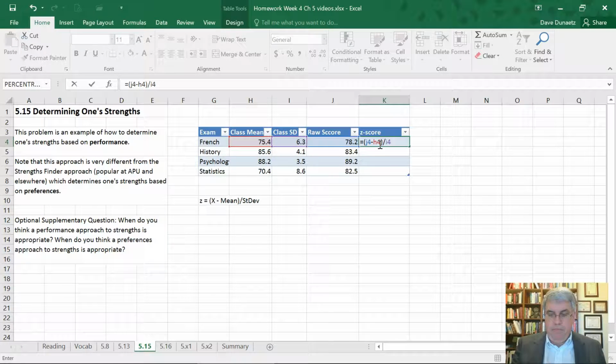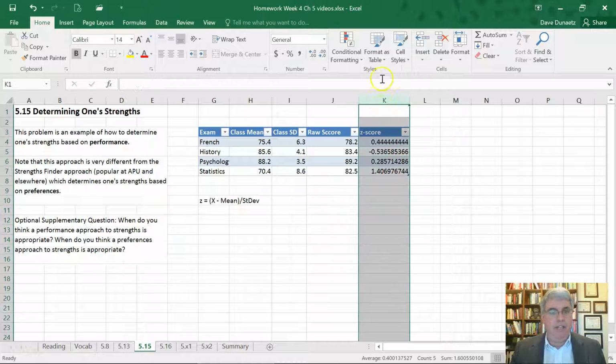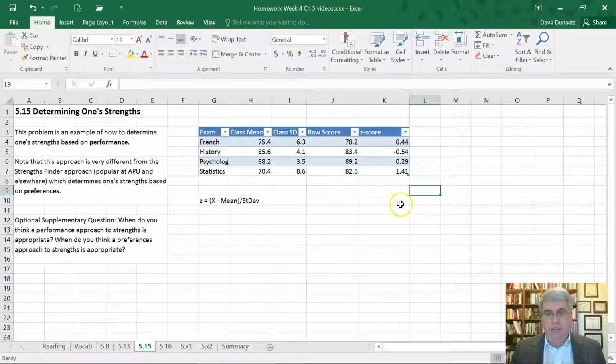And so I press enter, and we see that she was 0.44 above the mean in terms of z-score. Let's complete this for all cells in the column. Let's reduce the number of decimal points. Go to home, number, and there we see the z-scores.